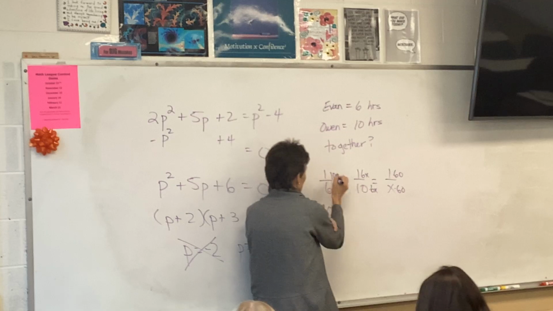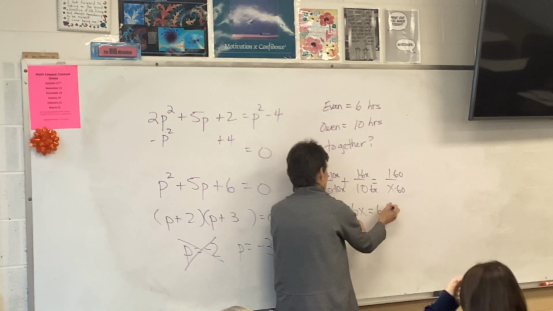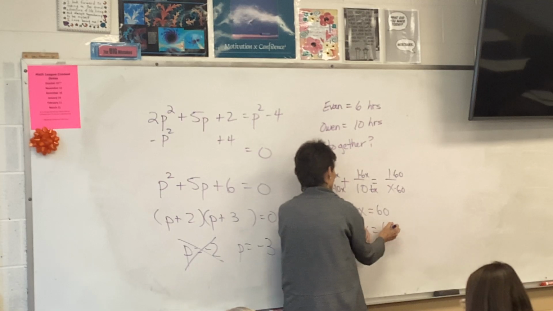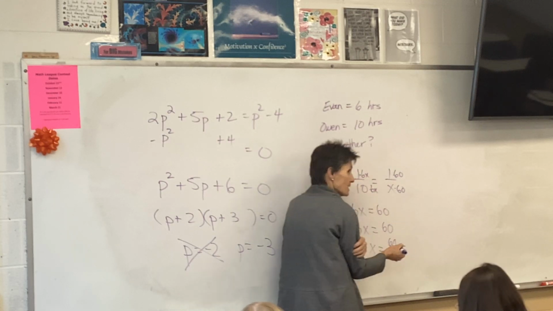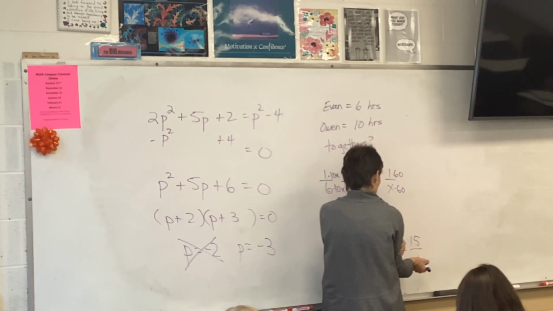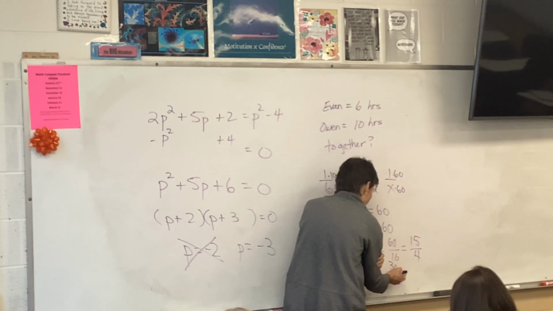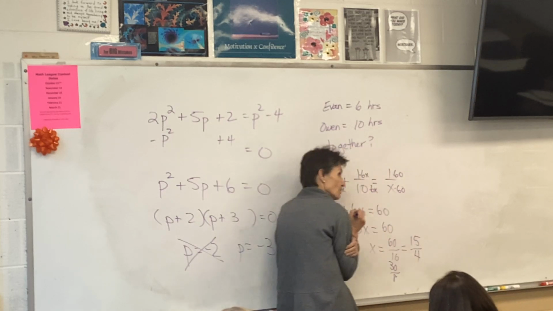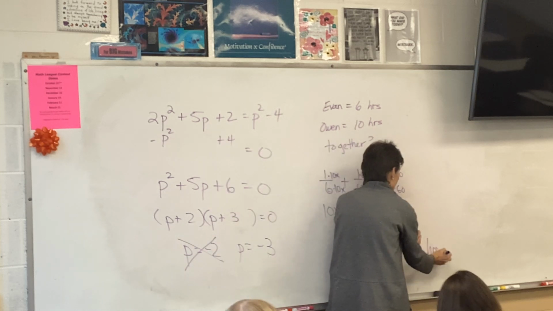So 10x plus 6x equals 60. She's going to get 60 over 16, which reduces to 15 over 4. You got 30 over 8, that reduces to 15 over 4 hours.